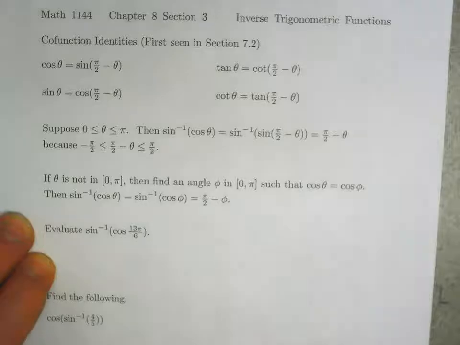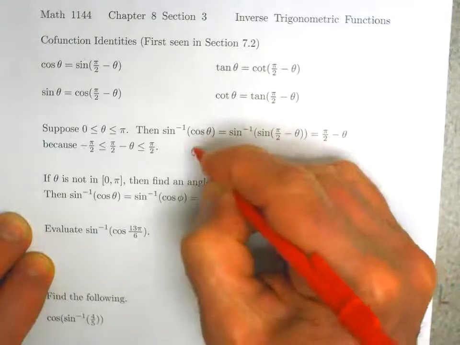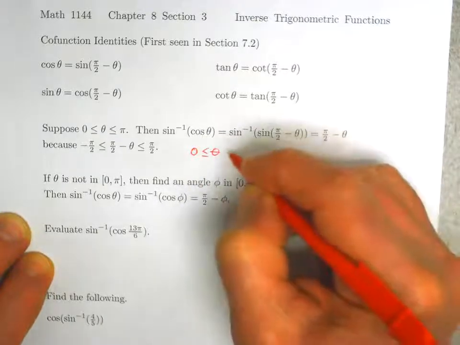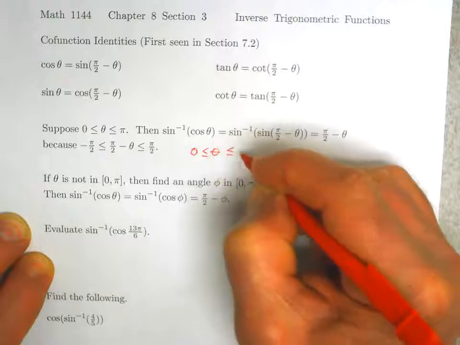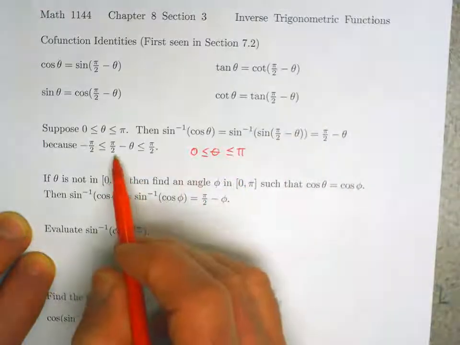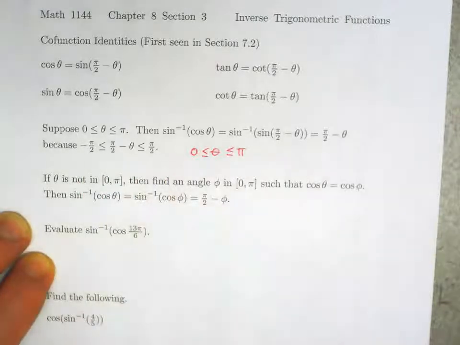So I'll try to work this out. We're given that 0 is less than or equal to theta, which is less than or equal to pi. And I want to prove to you that pi over 2 minus theta is between negative pi over 2 and pi over 2.